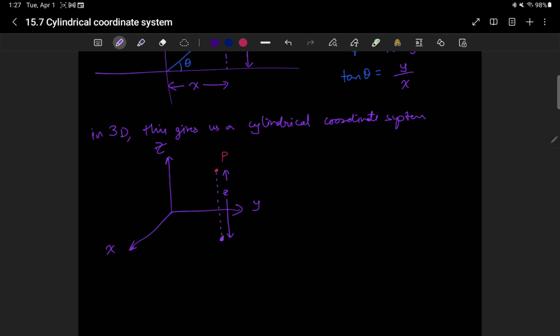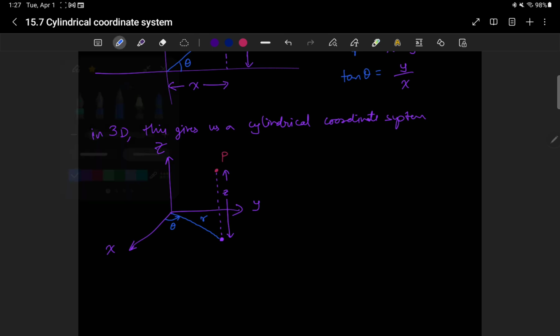Now when I look at the projection of this point, I can use polar coordinates to describe it. I can call this distance r, and the angle from the positive x-axis being theta. When we do this, we get a very nice relation.